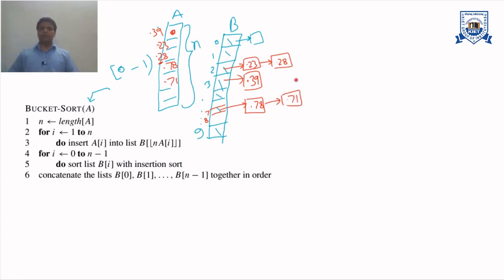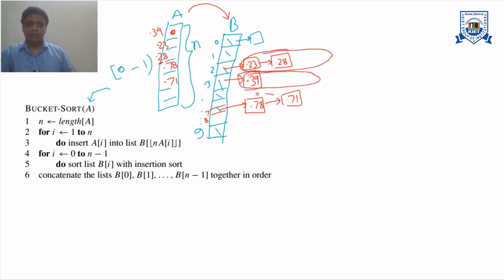So that is how we populate the whole data from list A to list B, and then for each bucket individually we perform a sorting, or insertion sort, on each of these buckets.